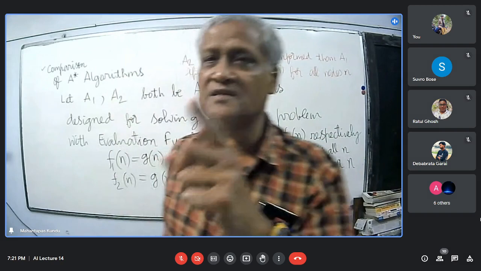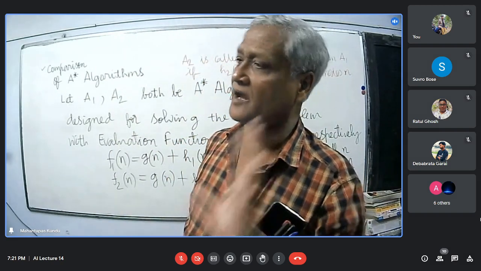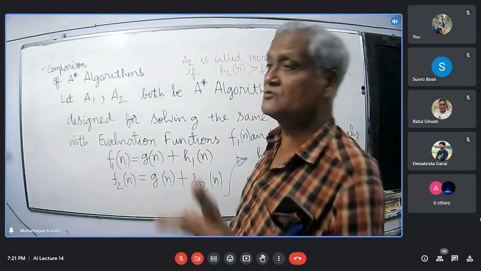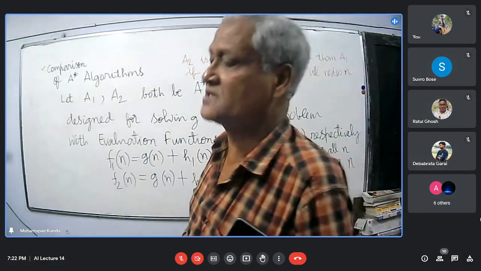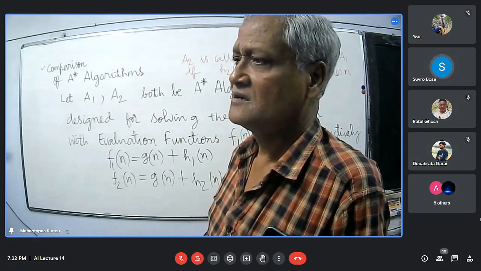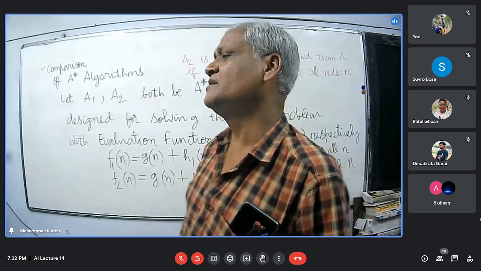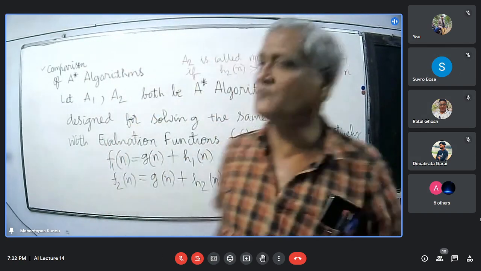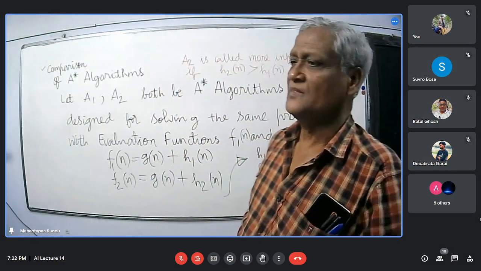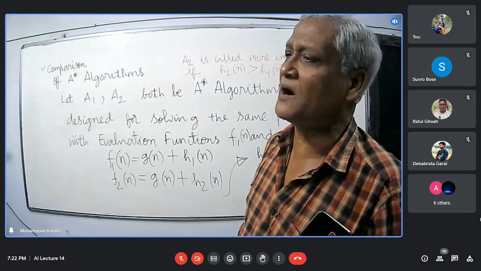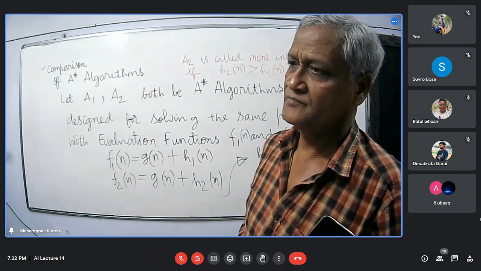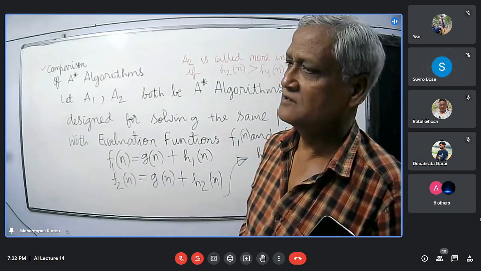Secondly, it uses a heuristic function h(n) which becomes less than or equal to h*(n) for all nodes n. Isn't it? Yes, sir. That means it uses such a heuristic function that never overestimates the actual cost of the optimal path joining node n to a goal node. That is called A star.